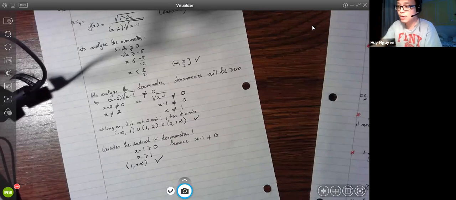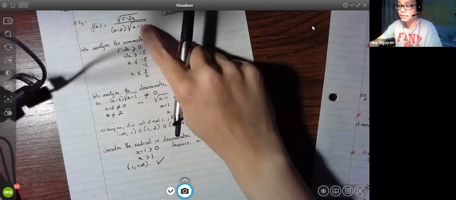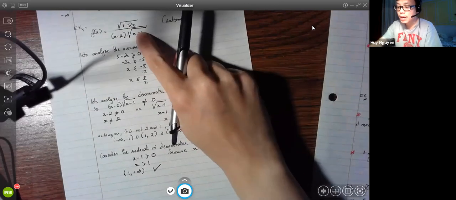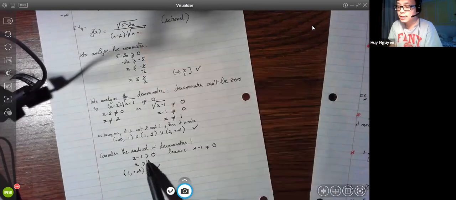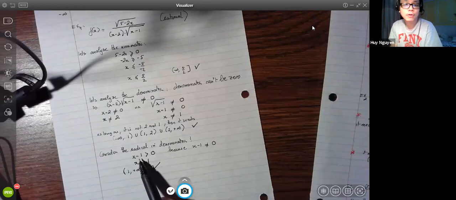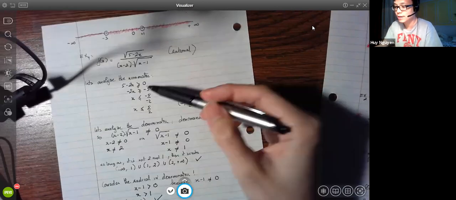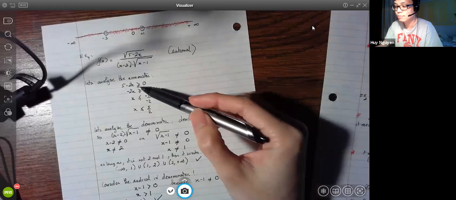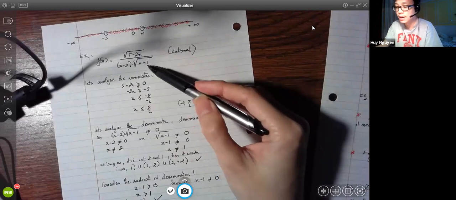If the denominator has a radical, instead of setting it greater than or equal to 0 as we used to do, we just set it greater than 0 only. Because as usual, everything inside the radical must be greater than or equal to 0, but because this is under the denominator, we just set it greater than 0.